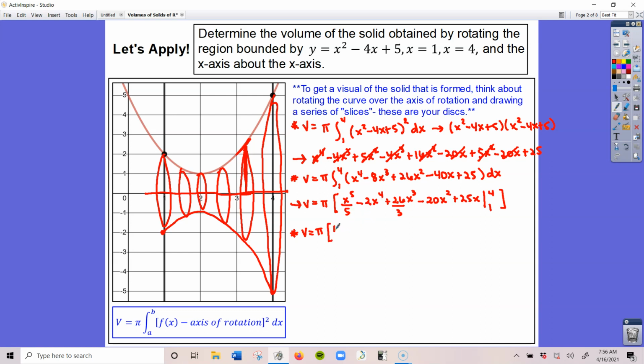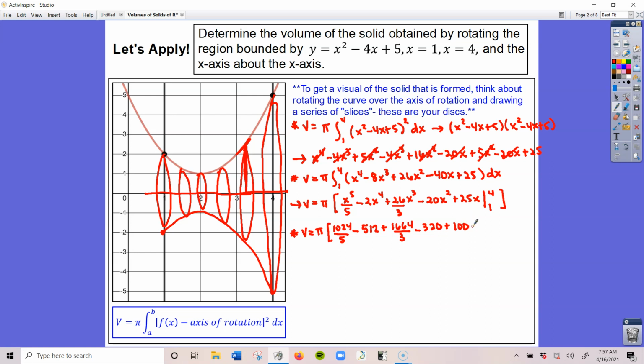4 to the fifth is 1024 over 5. Minus 4 to the fourth is 256 times 2 is 512. Plus 4 to the third is 64, and 64 times 26 is 1664 over 3, minus 4 squared is 16 times 20 is 320, plus 25 times 4, which is 100.